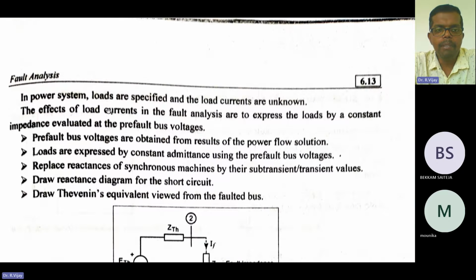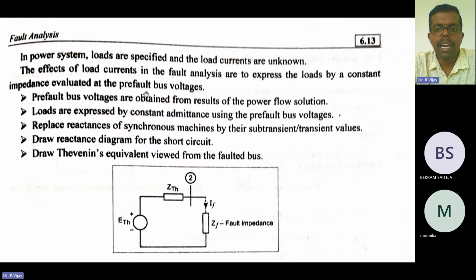Next, in a power system, loads are specified and load currents are unknown. In the substation, they know what the loads are, but how much current the load will consume we can't say; we only know the approximate load. How much load current is consumed depends on the climatic condition and the mood of the particular consumer.